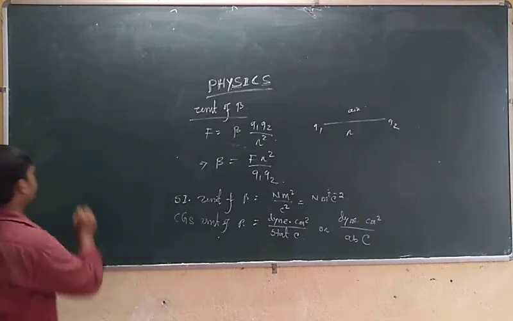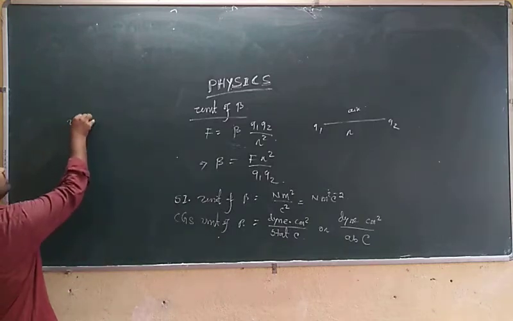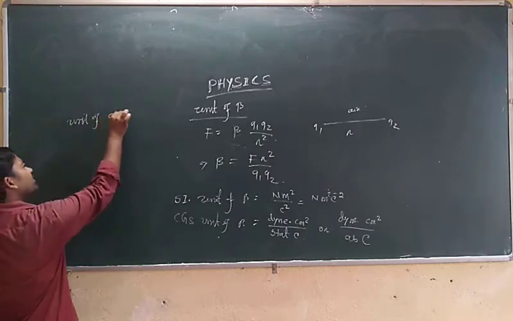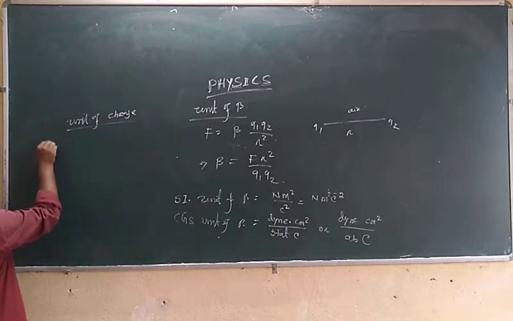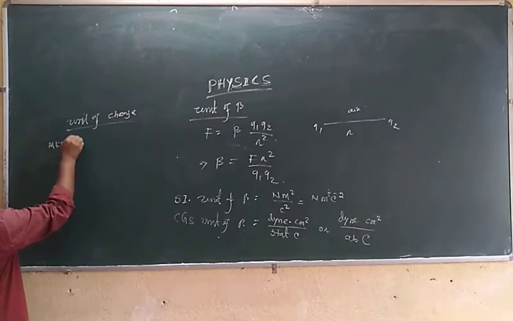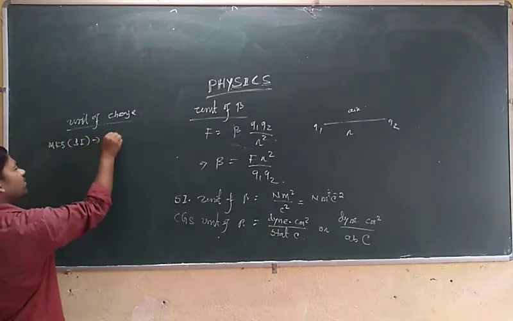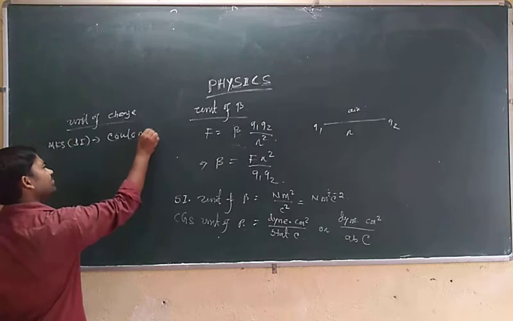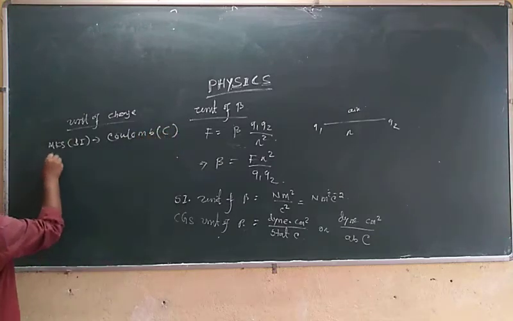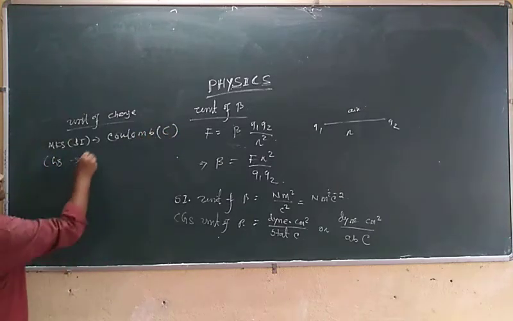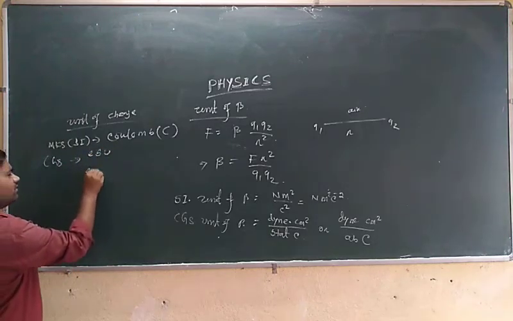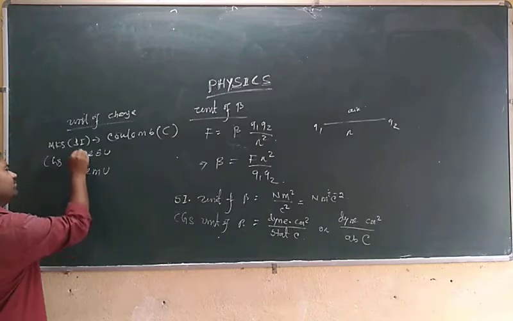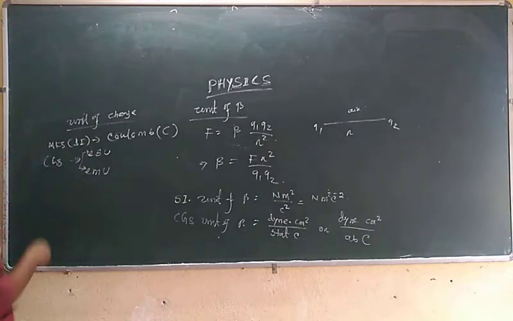The unit of charge in MKS or SI system will be coulomb. In CGS there are two units: one is the electrostatic unit and another is the electromagnetic unit.